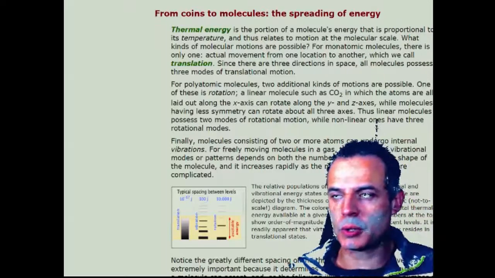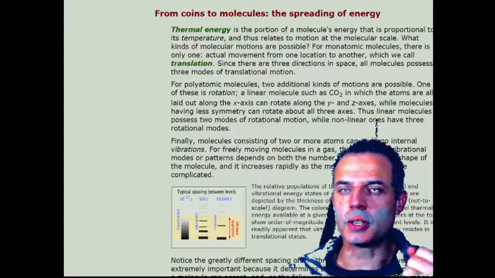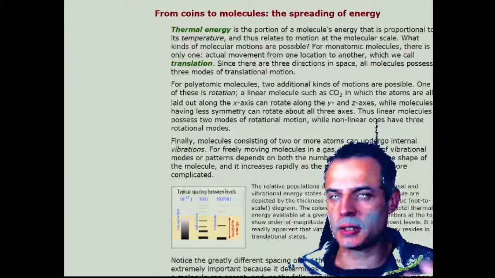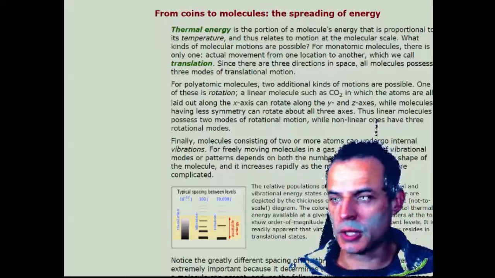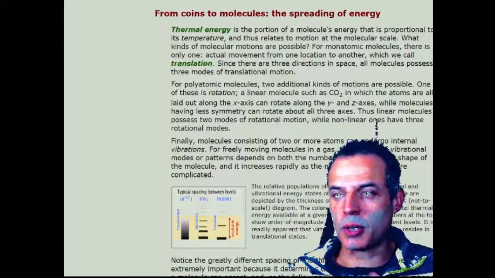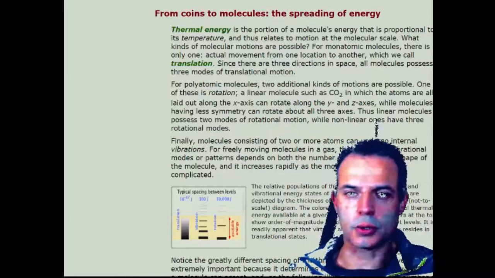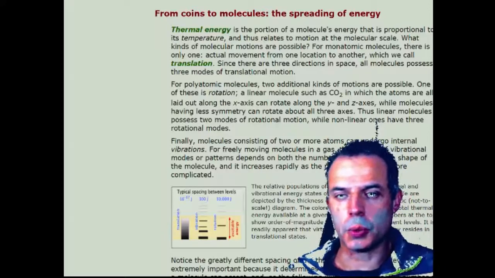The simplest way that a molecule can store energy is translation. It can be moving faster. The next simplest is rotation, and then it can be vibrating. And then it can be in electronic excited states, so the bonds can be excited too.